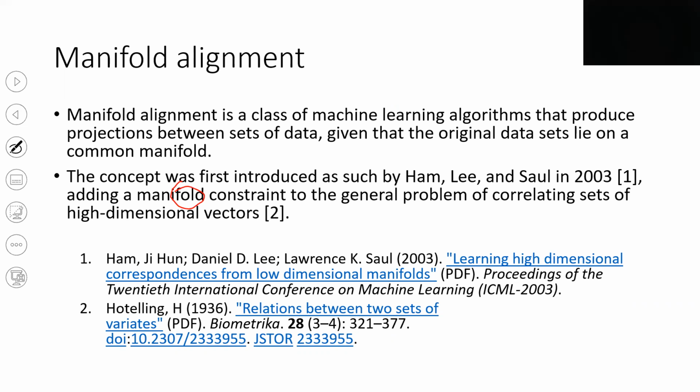We have to consider and follow the manifold structure in the high dimensional space. They share this common manifold, so you have to project both of the data sets to the same common manifold, and when you reduce the dimensionality, the relationship between data points has to be kept.